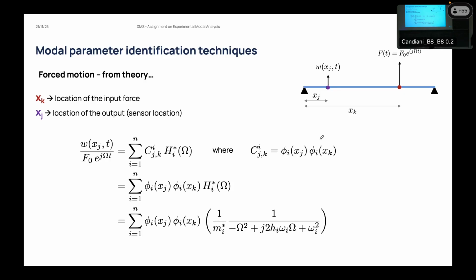Or, if you want to explicitly write this, as the product between the ith mode shape computed in the location of the output times the ith mode shape computed in the location of the input times the frequency response function, that is 1 divided by mi star, multiplied by minus capital omega squared plus the imaginary unit times 2 hi times omega i plus omega i squared.